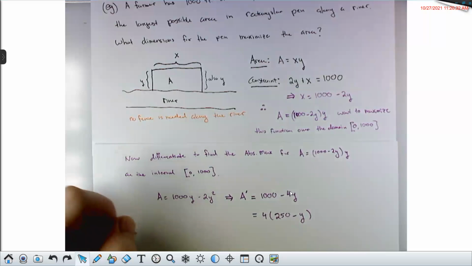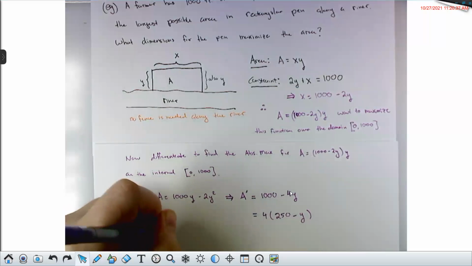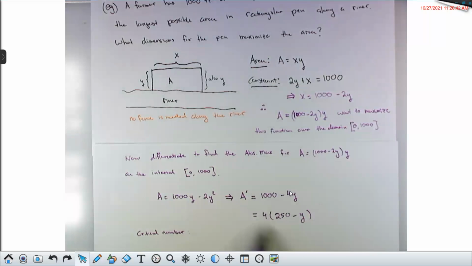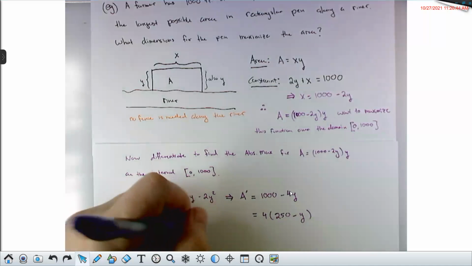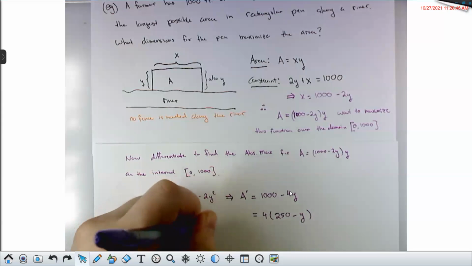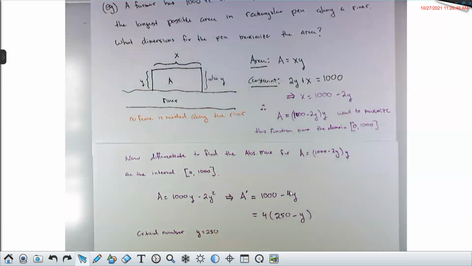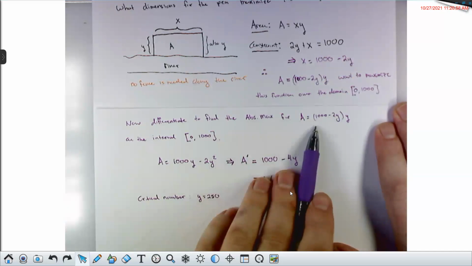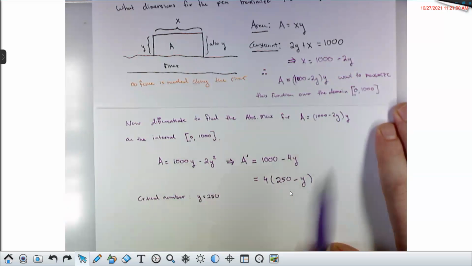All right, so the critical numbers, there's only one of them, right? This derivative is equal to 0 when y is equal to 250. So if I want to find the absolute max for this function on this interval, I should compare the output of this function at 250 to the outputs at 0 and 1000.